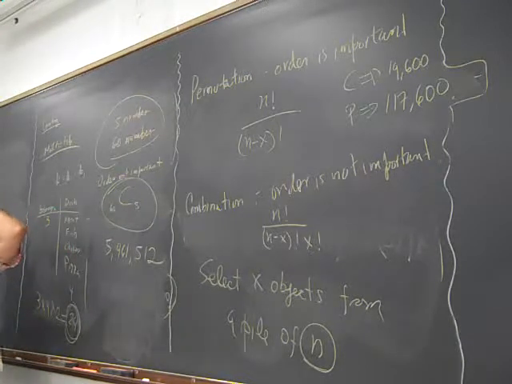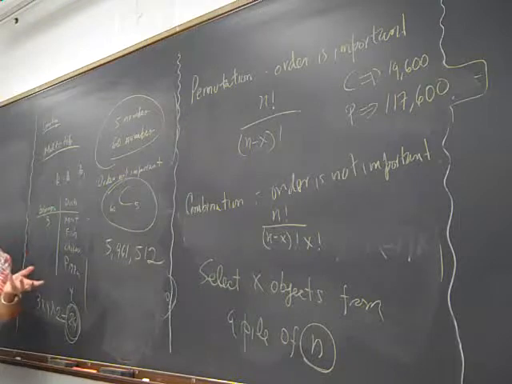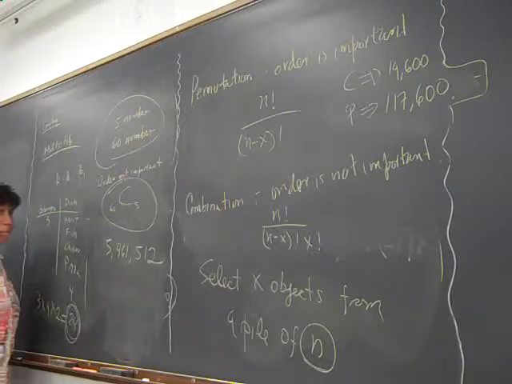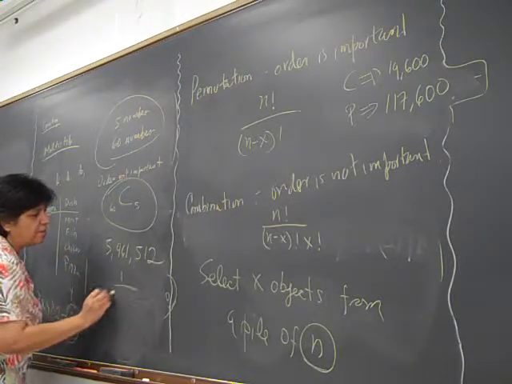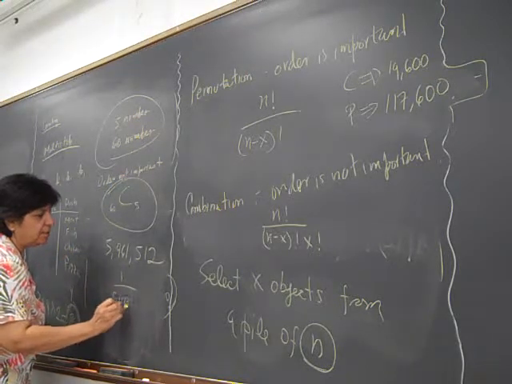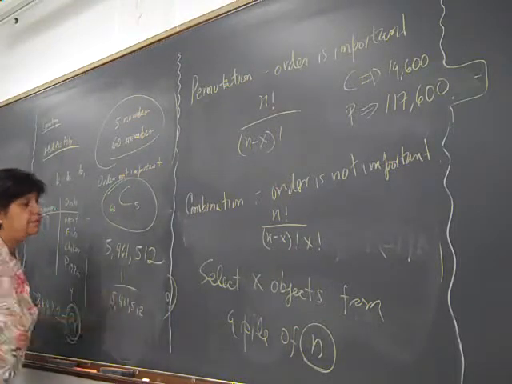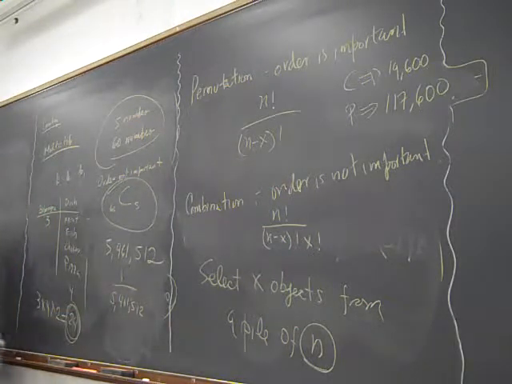I really don't know what the real rules are. So the probability of getting the jackpot or the lottery is 1 over 5,461,512. That is the probability to win the lottery. Okay?